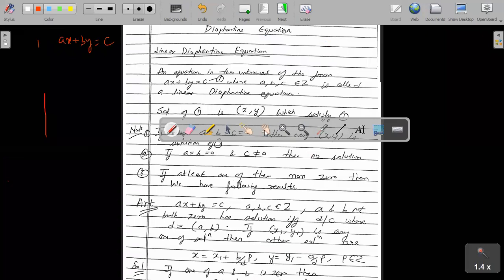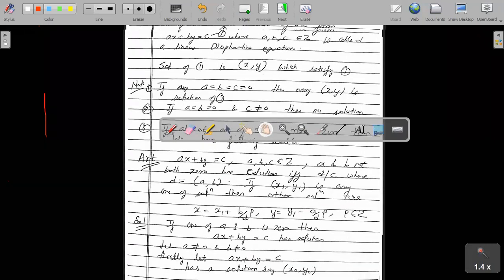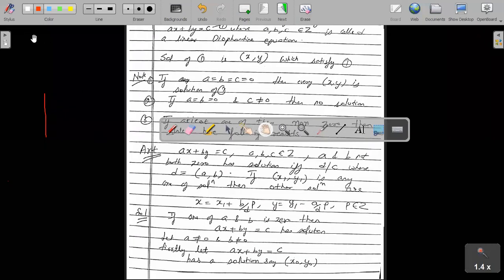So let us focus. So you see, if any one of these two is 0, so ax plus by is equal to c. If any one of them is 0, say b is 0, then what does the equation become? ax is equal to c. Yes. So obviously from here you can find the value of x.